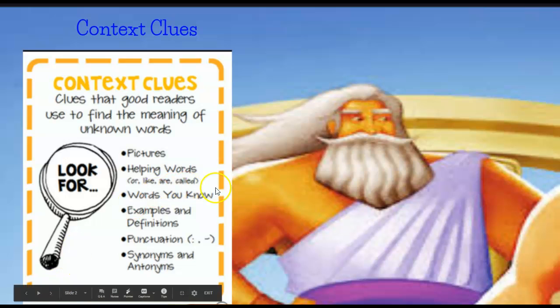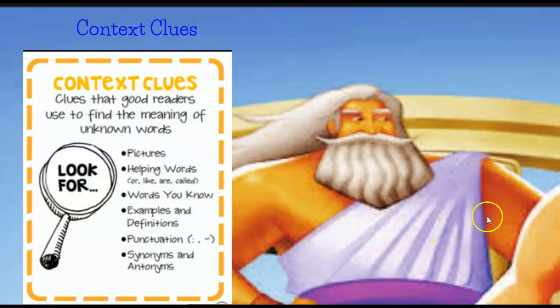If I'm looking at this picture here, and I know that we're learning about Greek mythology, so I've got that schema, I'm going to say that this is Zeus, because he is the king of the Greek gods. And I know that we're reading about Hercules, and Zeus is his father. So I didn't have any words here, but I also had my background knowledge, and I'm also going to use the pictures to think that this is Zeus.